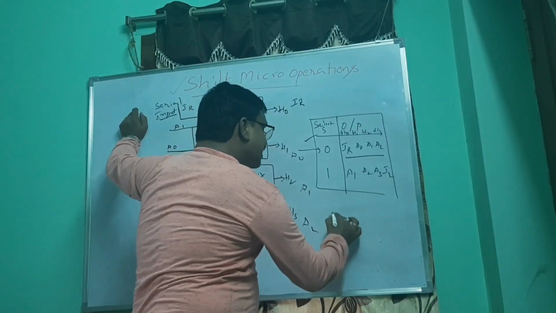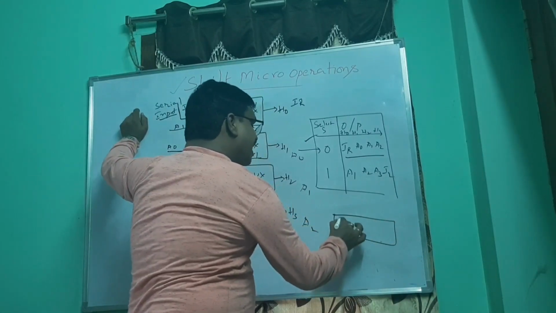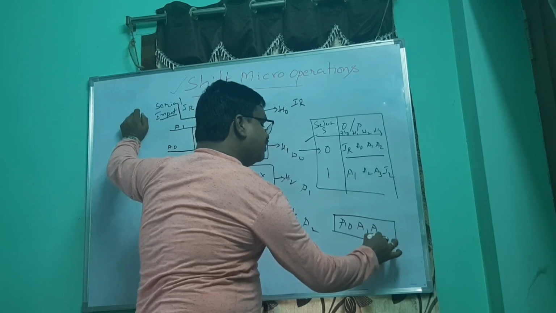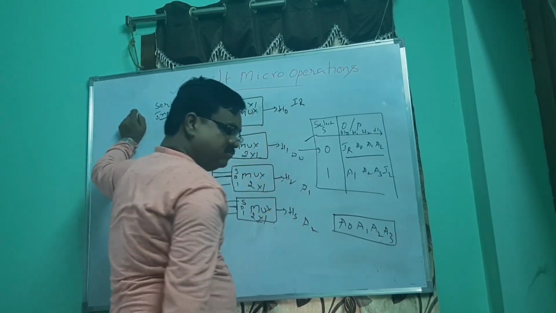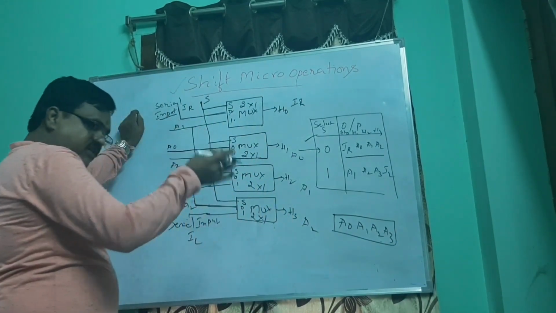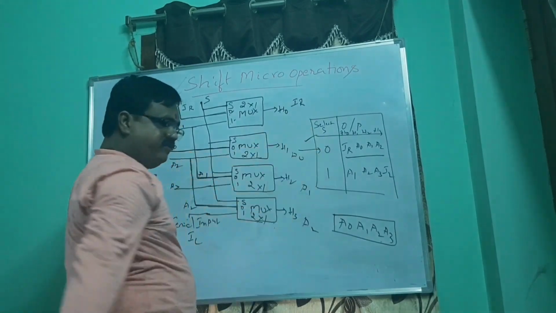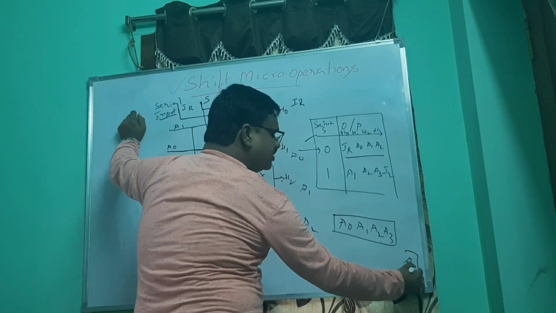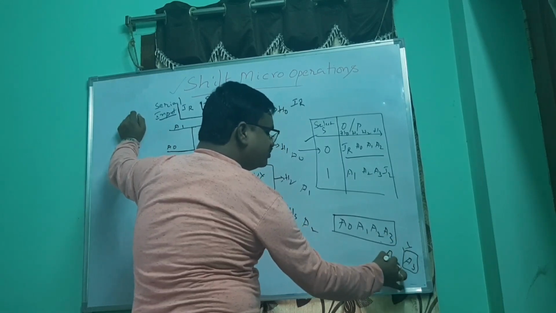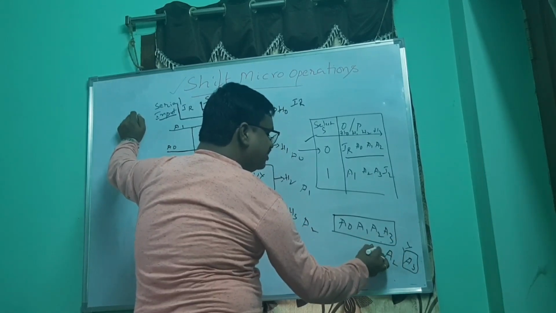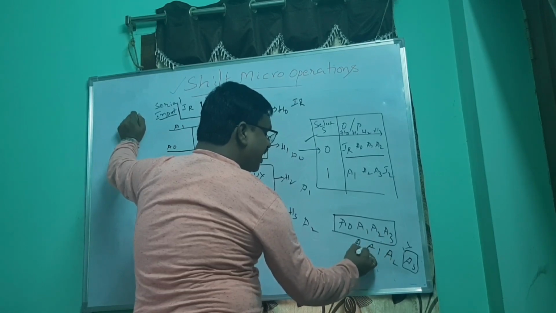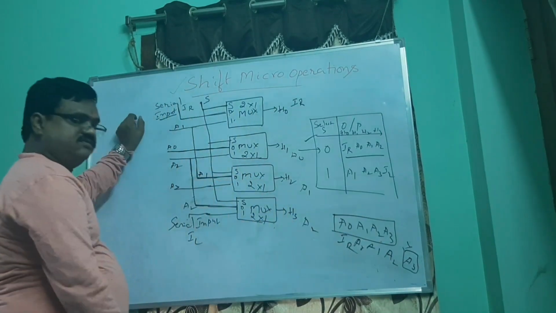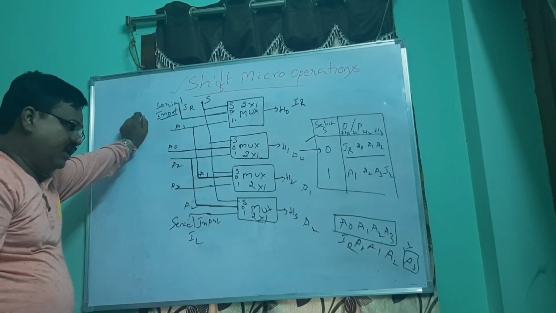So generally the register A contains A0, A1, A2, A3 like this. For the first shift, based on the value of S being 0, this A3 will be discarded and A2 comes to here, A1 will be in the place here, and A0 here, and a new input will be there.